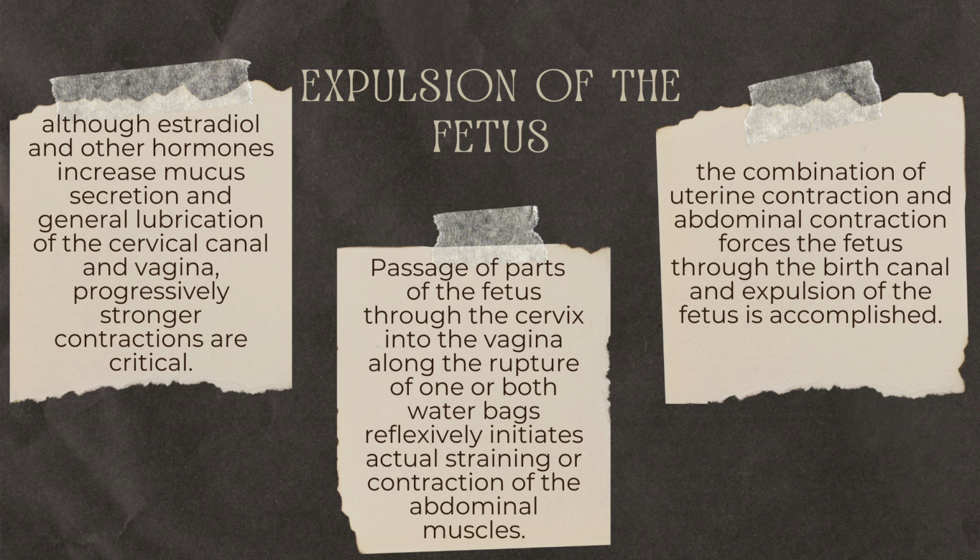Stage 2 is the expulsion of the fetus. Although estradiol and other hormones increase mucus secretion and general lubrication of the cervical canal and vagina, progressively stronger contractions are critical. Passage of parts of the fetus through the cervix into the vagina, along with the rupture of one or both water bags, reflexively initiates actual straining, or contraction of the abdominal muscles.